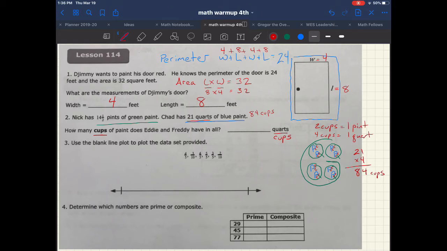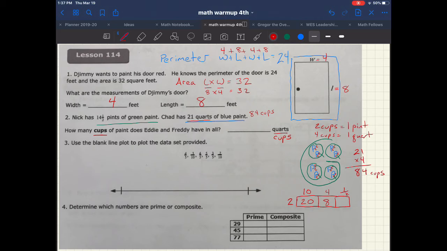The 14.5 pints is a little tougher. We have to do 2 times 14.5. I'll draw a little area model to help with that. We have 2, and we are multiplying by 14, so that's 10, and 4, and the half. 2 times 10, that part's easy, 20. 2 times 4 is 8.